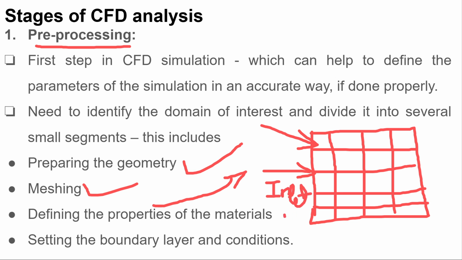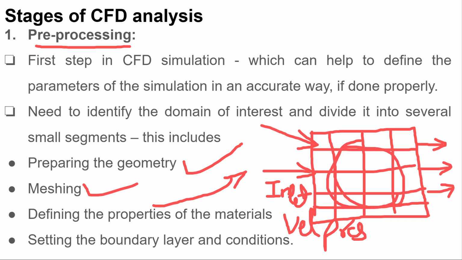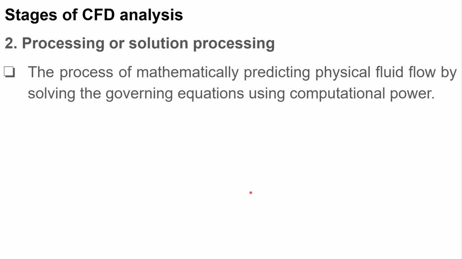It may be velocity, pressure, or temperature. Whatever inlet conditions there are, we supply them to our geometry, and we also need to define the outlet condition. In some cases, outlet conditions are not required. For some applications, outlet conditions are already predefined, and we need to see what behavior occurs inside our geometry.